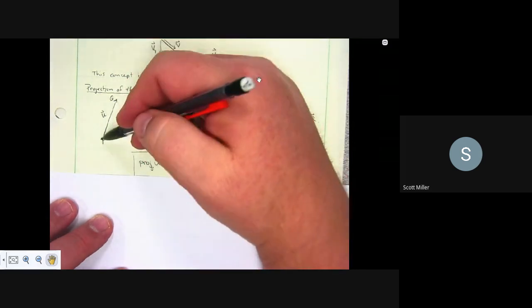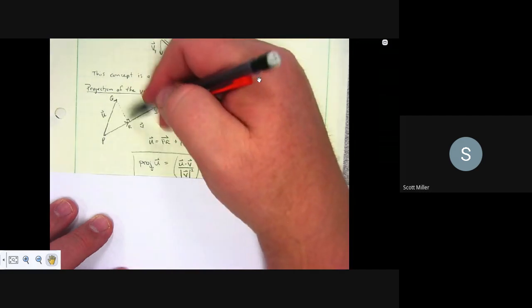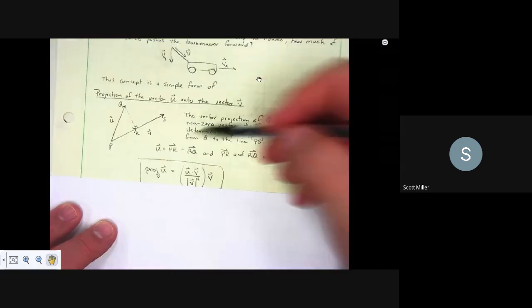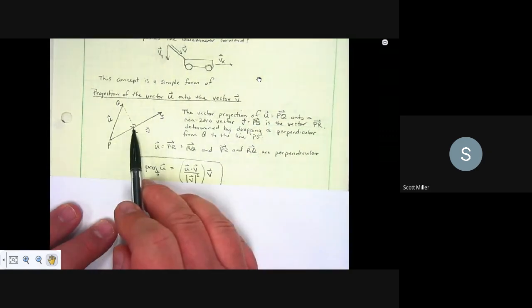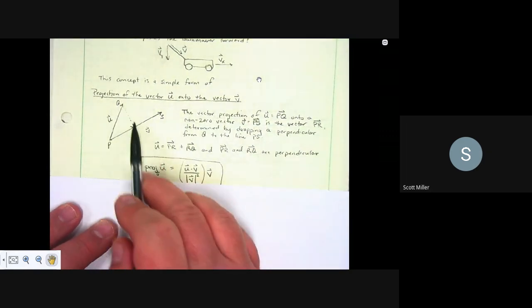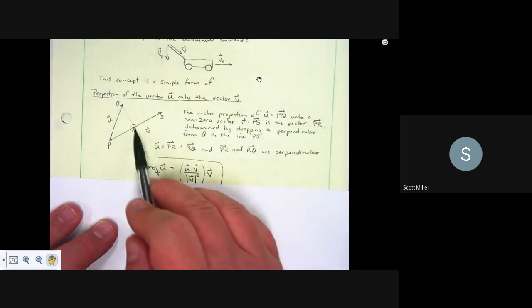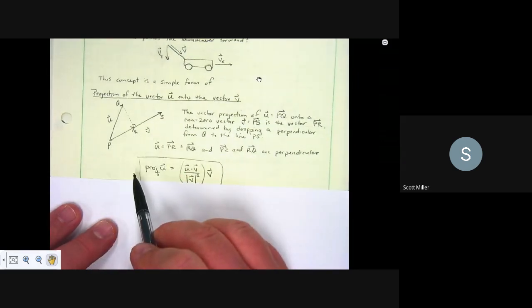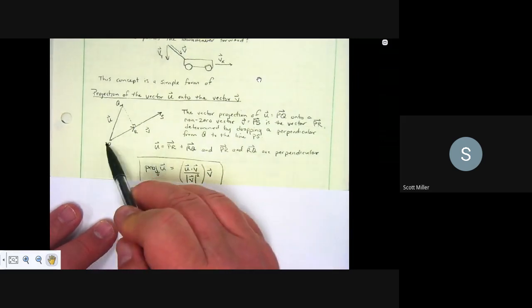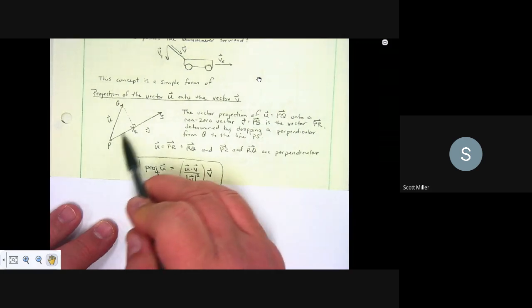The other part of the force in that direction is this part right here. So u can be broken up as a vector pr plus rq. pr and rq are perpendicular to each other. And this is the amount of force, or the projection of u onto v.